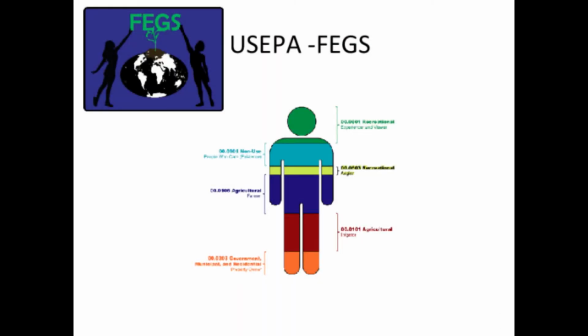Now turning to the other side of the experimental ecosystem accounts, which is the flows of the benefits, or the ecosystem services. I just wanted to mention another framework produced here in the United States by the Environmental Protection Agency, called the FEGS, or the Final Ecosystem Goods and Services.